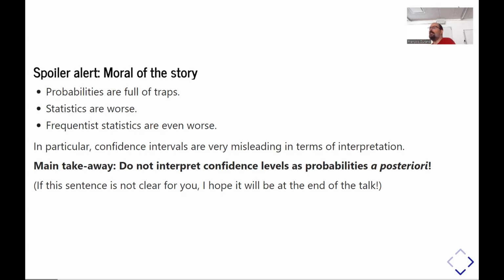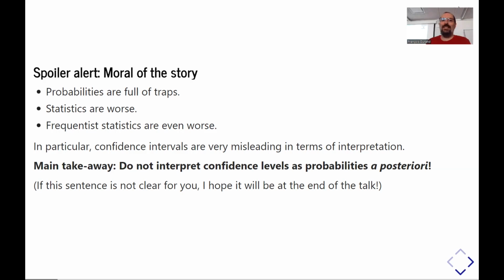Generally speaking, you probably know that probabilities are already full of traps. Statistics, which may be seen as a derived branch of probabilities, is even worse in terms of traps, and frequentist statistics are even worse. And in particular, if you just take away something from this talk, I would like you to understand that confidence intervals are often not that complicated to compute, but very complicated to interpret.